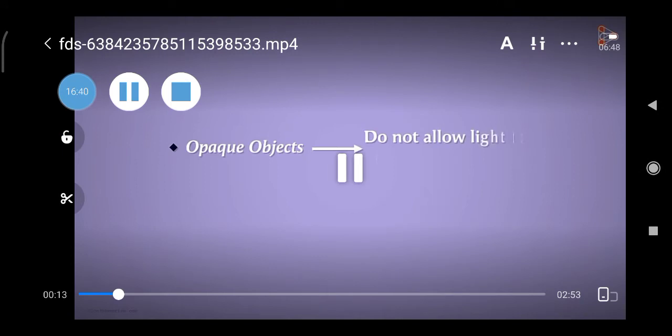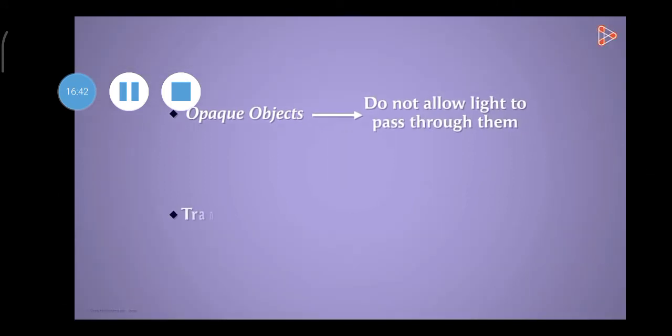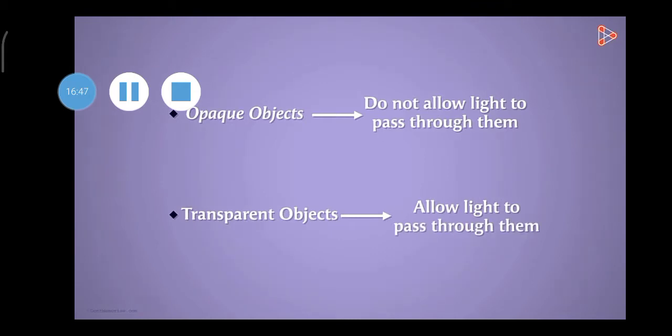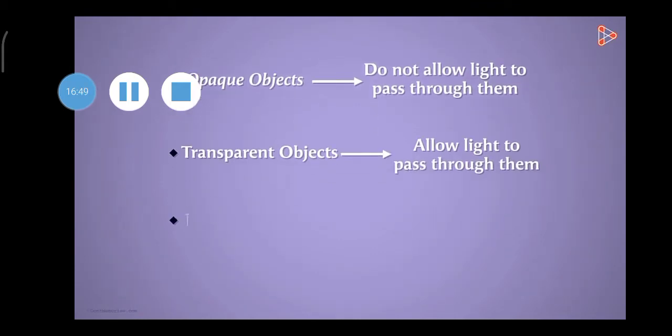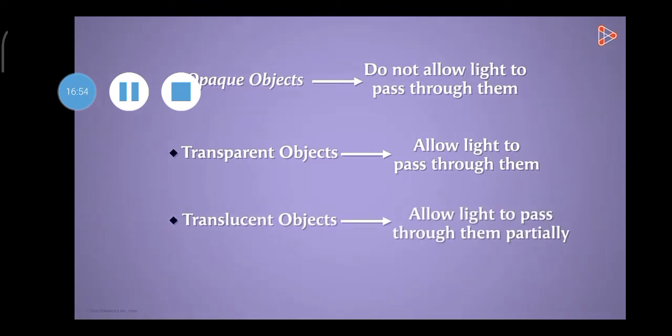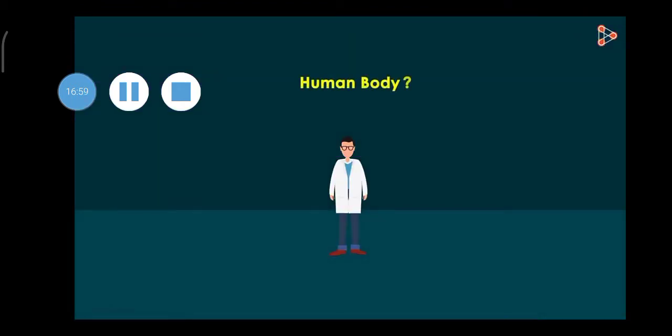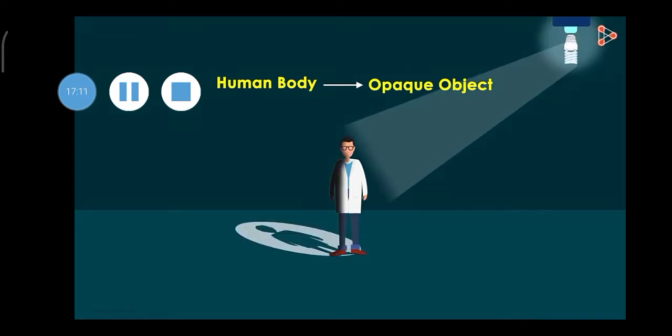Light to pass through them. Second, transparent objects allow light to pass through them and we can see through them clearly. And third, translucent objects allow light to pass through them partially. Now I want you to answer this question. What kind of an object is a human body? Are we able to see through it? Not really. Hence, a human body is an opaque object. What happens when light is obstructed by the human body? We see that the human body is obstructing light here.